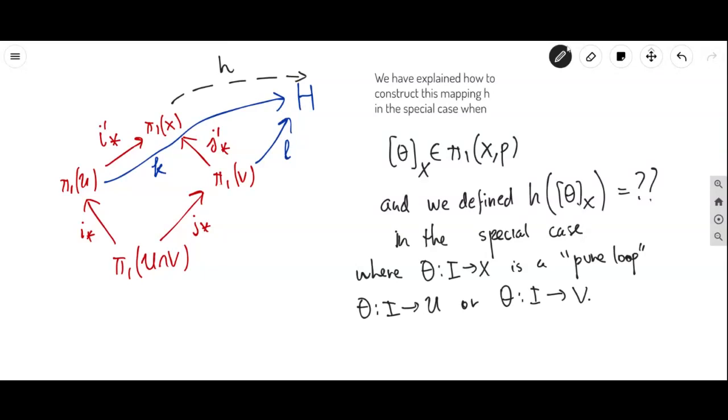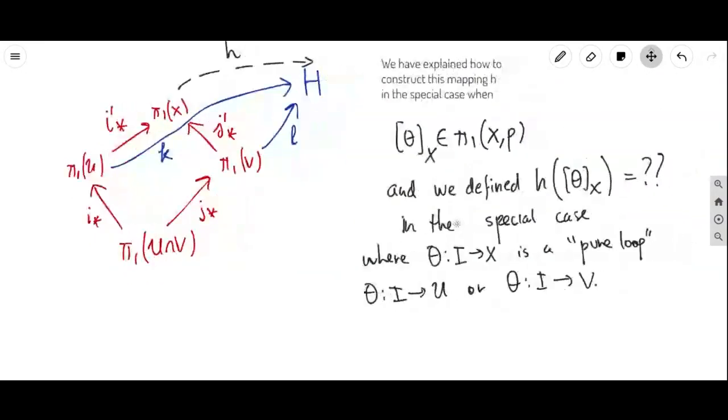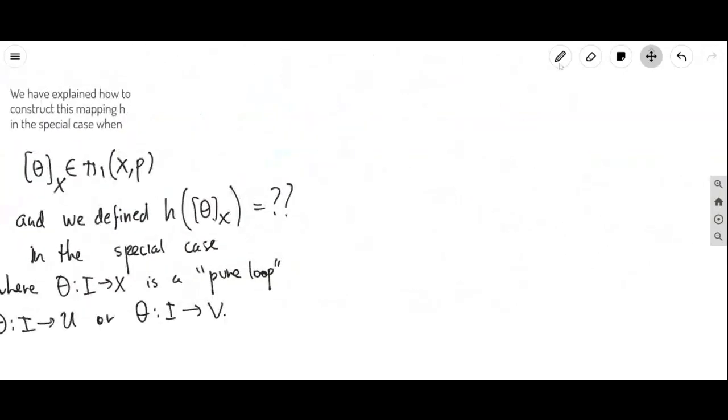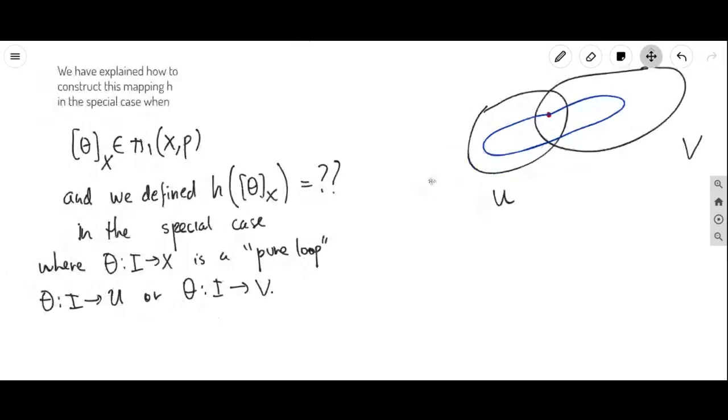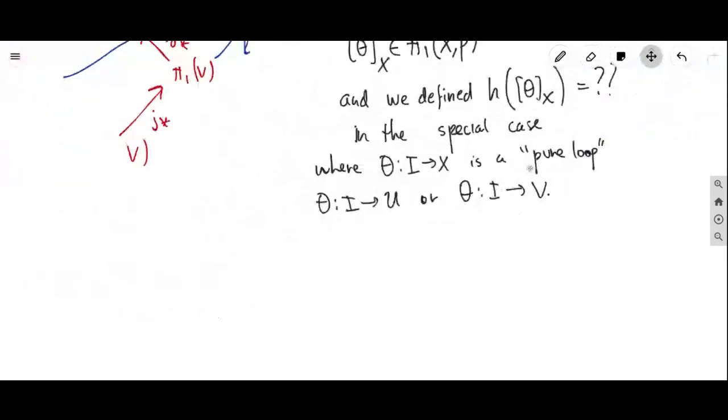So one of these two happens. So we've defined it in this special case. But what about more generally? Because we saw pictures, so let's draw this picture again: here's U, here's V, here is our base point, and here is a closed loop that is not sitting entirely in either of those two open sets. So this situation might happen. So what do we do in that situation?